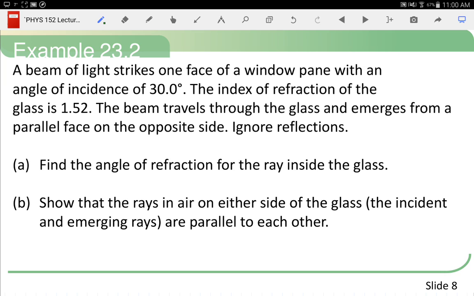And then about 95% of that was transmitted here. So this one's about 5%. This one here is going to be 5% times 0.95 squared. So let's just ballpark it and say somewhere around 4.5%. So there's not a big difference in the intensities of these two.